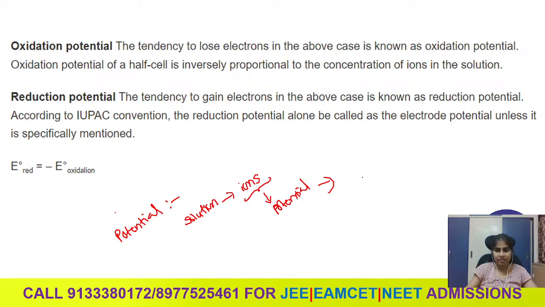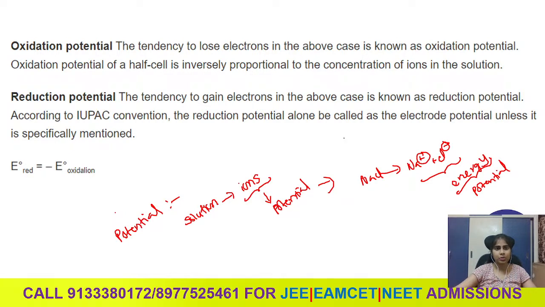For example, we are taking NaCl. If it is converting into Na plus and Cl minus, a pure form is converting into its ionic form, what happens? There is a small type of energy produced. That energy is defined here as potential.